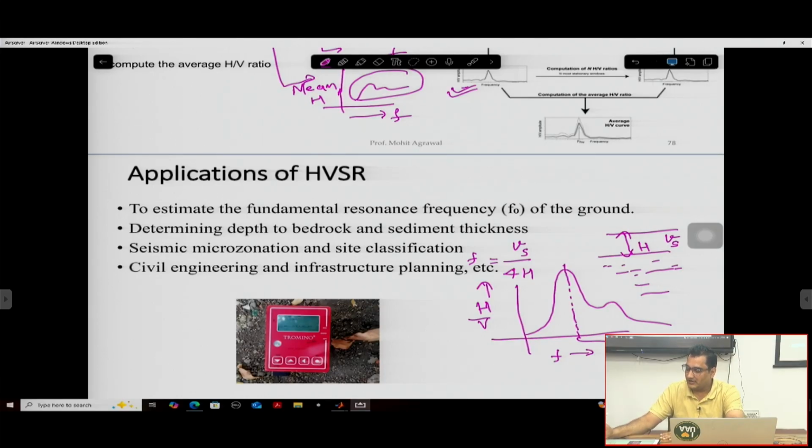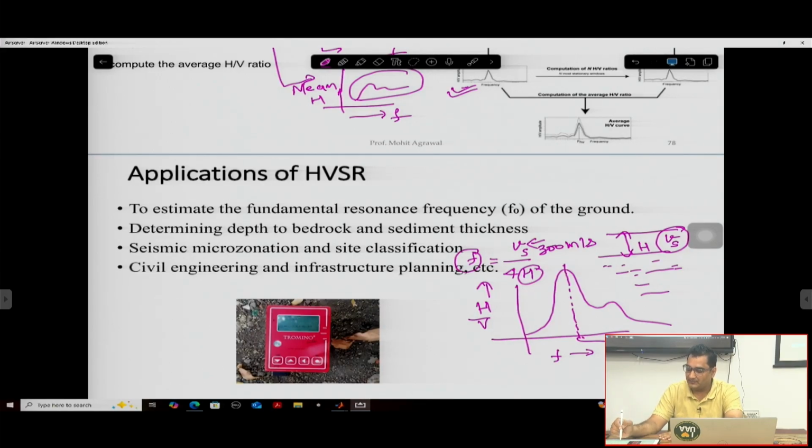So if you know this Vs value somehow, or you can estimate it, for example by taking the average Vs value of the top 30 meters of the soil, or if you do not know the thickness of the layer, you can assume some value, let's suppose 300 meters per second, and then if you know the fundamental frequency from the HVSR curve, you can easily estimate the thickness of the layer. Okay, that is the main idea of the HVSR curve.